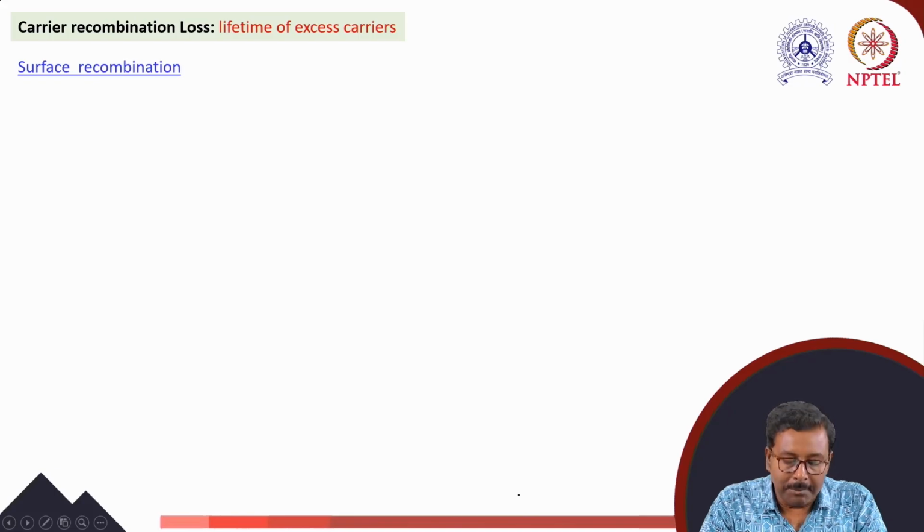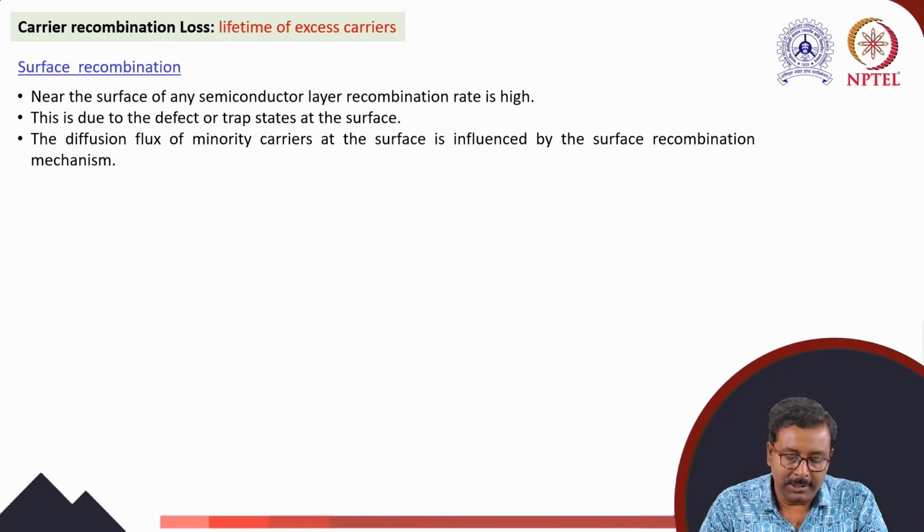Now the last term is surface recombination. I told you the surface of any semiconductor behaves differently from the atoms in the middle, because atoms at the surface have different characteristics due to incomplete bonds and other things. This is the origin of defect states at the surface.